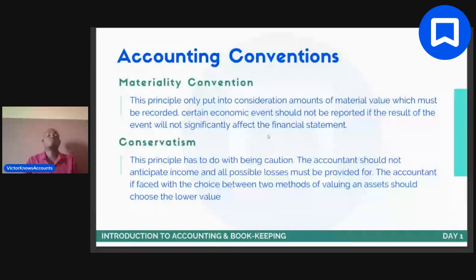Now, the materiality convention puts into consideration the amount of material value which must be recorded. It says that certain economic events should not be reported if the result of the event will not be significant. What question does this answer? Do I actually have to care about every little transaction?